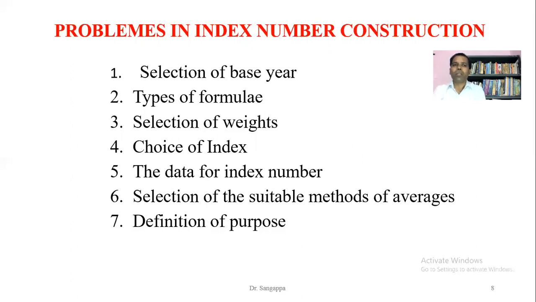Mainly we can see the choice of the index number, which index number we can use to construct the index number, and suitable methods of averages. It may be arithmetic average or geometric average. So what average can we use to construct the index number? So we can see the problems of average method to construct the index number.